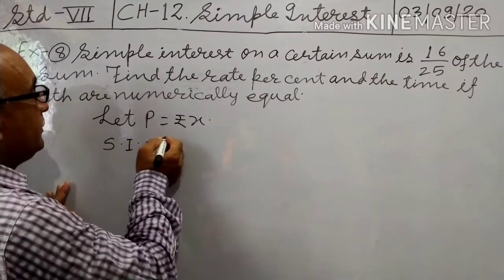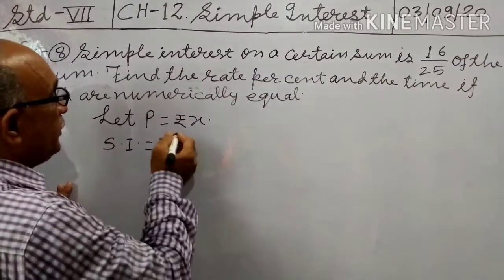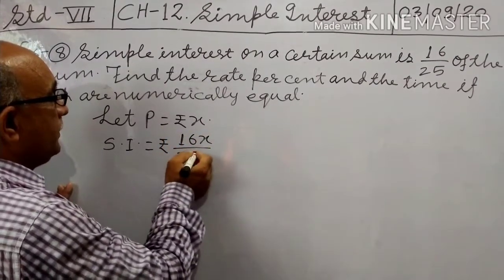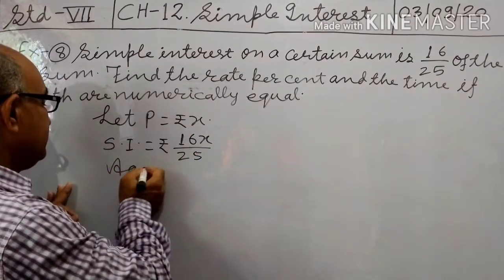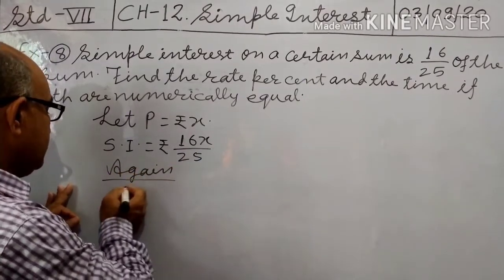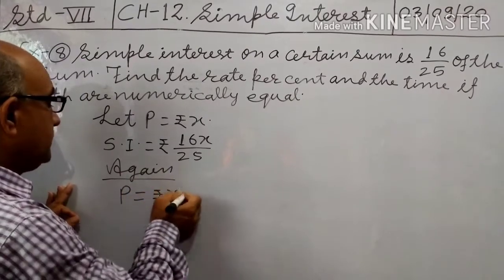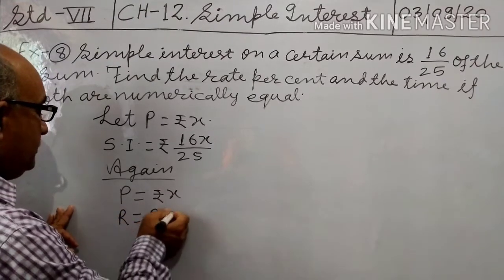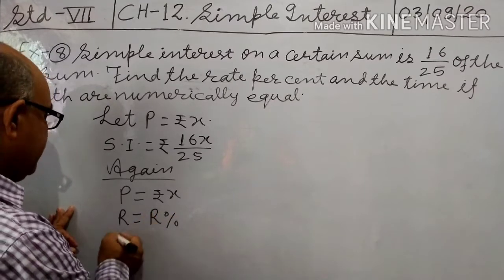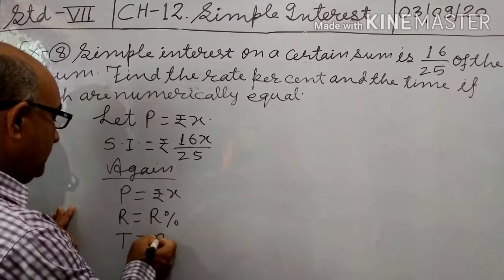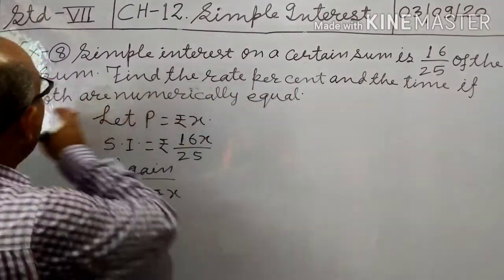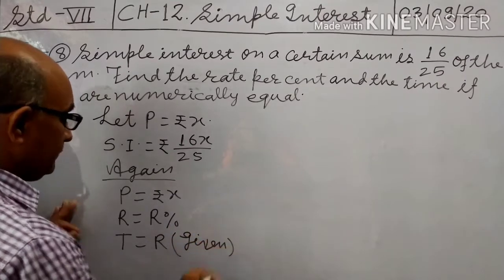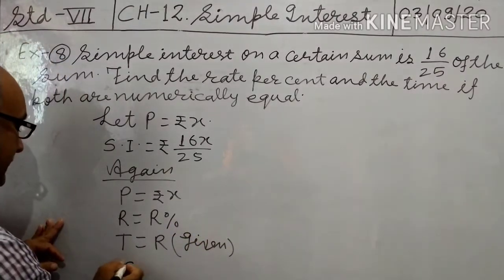So SI equal to rupees 16 by 25 of the sum, so 16x by 25. Again P equal to rupees x, R equal to R percent, T equal to R. Given both are numerically equal.